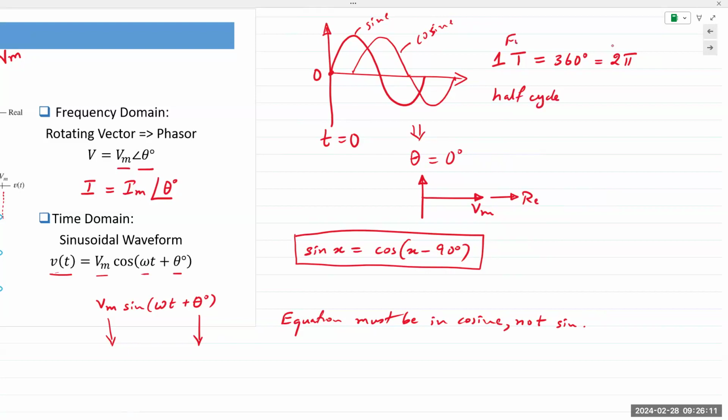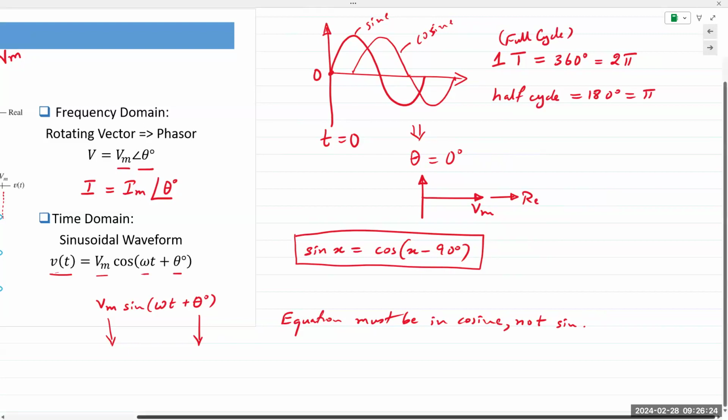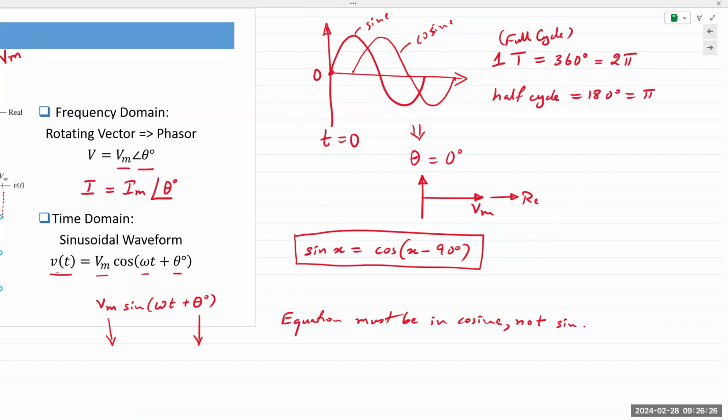One T is a full cycle. Half cycle is 180 degrees or just pi. And the difference between sine and cosine is pi by 2, which is 90 degrees.